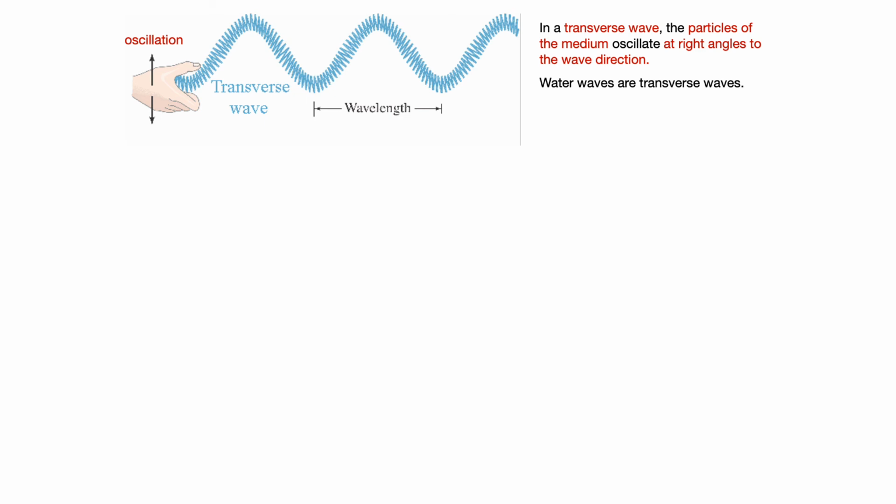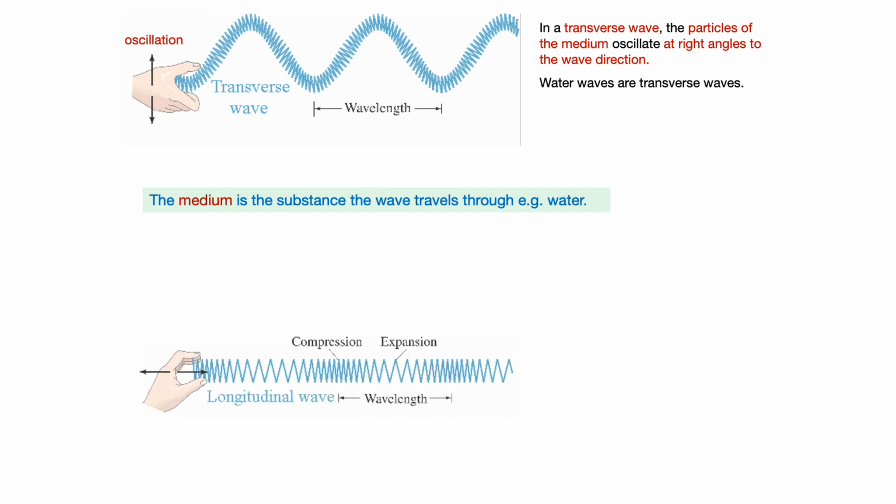There's the oscillation. Remember, the medium is the substance the wave travels through, for example, water, or in this case, the medium is the slinky spring itself. Here's a longitudinal wave. With a slinky spring, to do this, again viewing from above, you have to push your hand into the spring and then release it backwards. That's your oscillation back and forth.